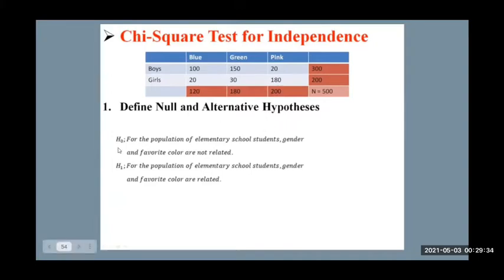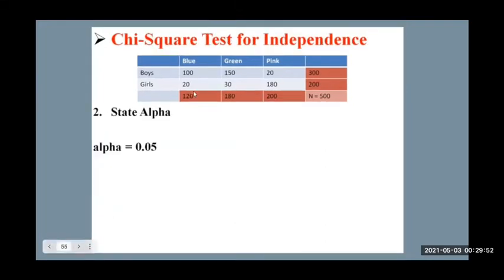For our null hypothesis, for the population of elementary school students, gender and favorite colors are not related. For our alternative, for the population of elementary school students, gender and favorite colors are related. So this is our alpha, which is 0.05, the default one.